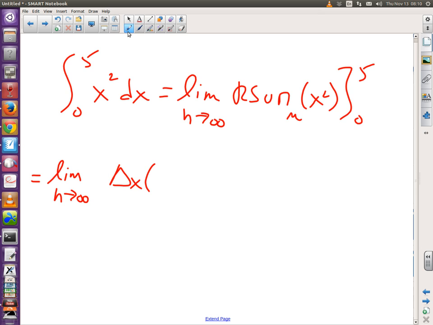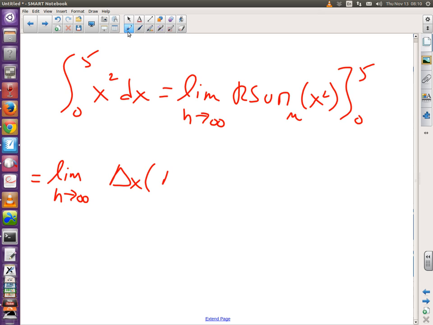Where's the first height? Here's the first rectangle. Here's 0. Here's the first width. Where are you taking the height if it's a right rectangle? 0 plus the width, on the right side. So what's the height? It's this function value at x. What's the x value here? It's only one width, delta x.